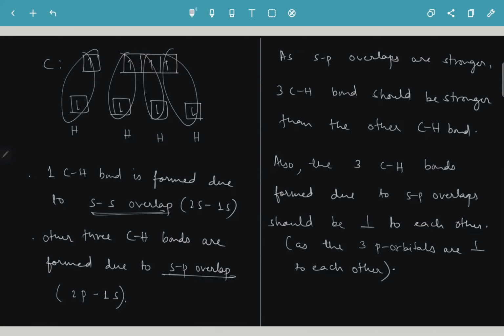So these two points cannot be explained on the basis of valence bond theory. Hence, there is a need for a different concept or some modification in the valence bond theory to understand completely the structure of the CH4 molecule.